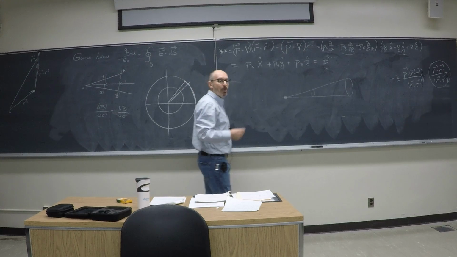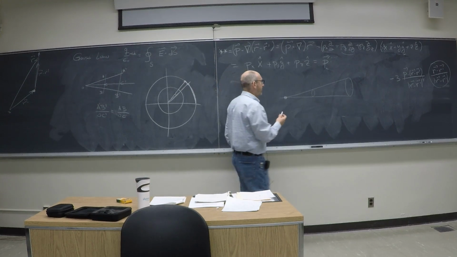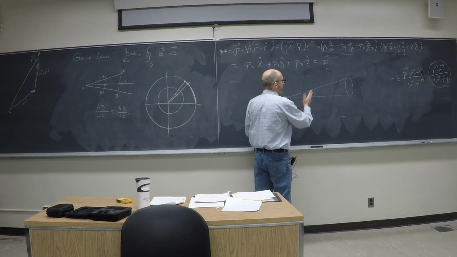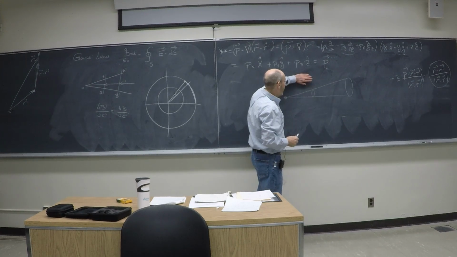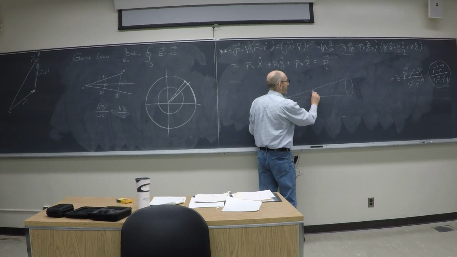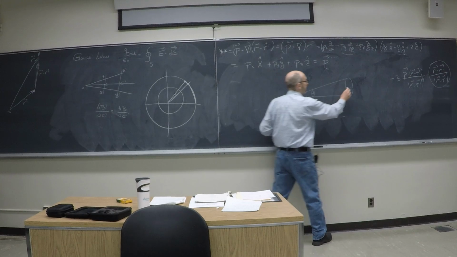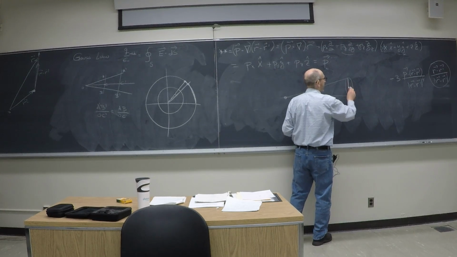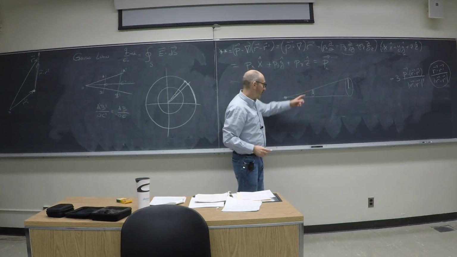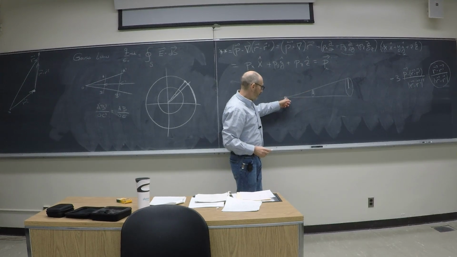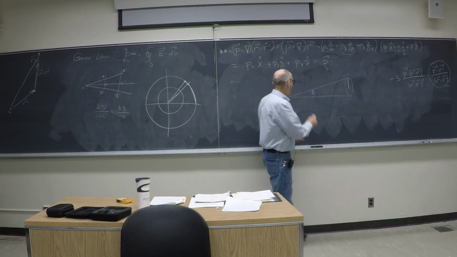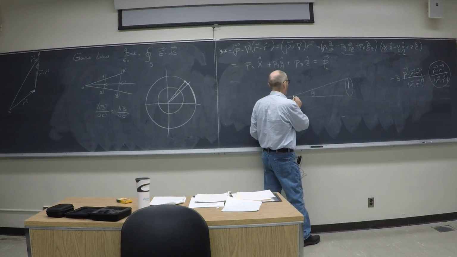One statement which is correct is that if I look at the lines on the plane of the board, this thing is going to have a radius, and this thing also is going to have a radius, and there's going to be a plane, the plane of the board, that contains the observation point, this radius and that radius, and now I can draw a line that goes through the centers.